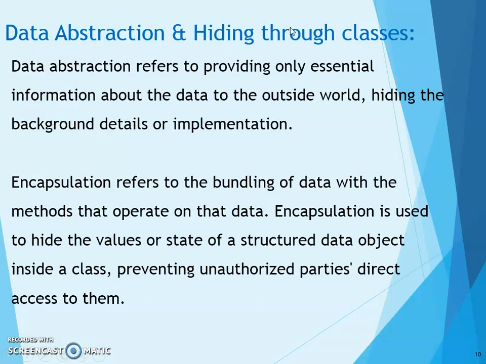Data abstraction and hiding through the class. So how are these classes used for data abstraction and hiding the details? Data abstraction refers to providing only essential information about the data to the outside world and hiding the background or implementation details. So only limited information is available outside the class by using this property or feature of object-oriented programming, that is data abstraction.